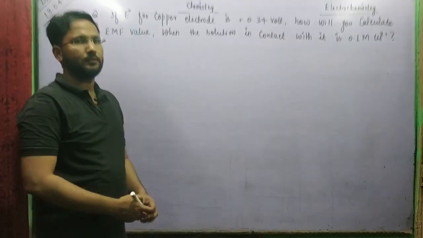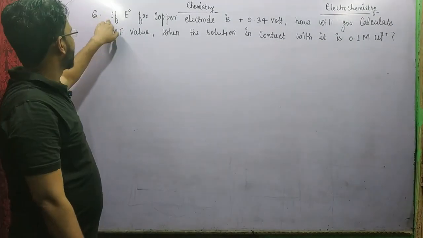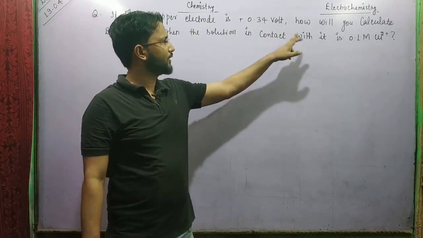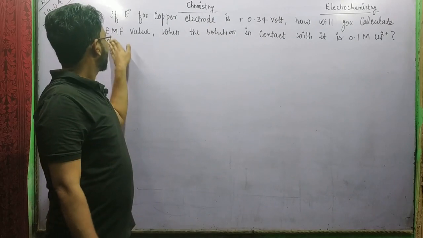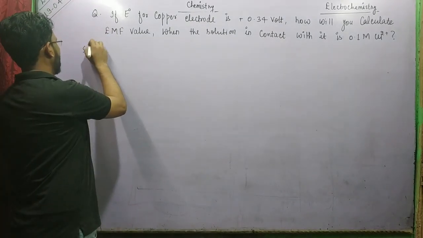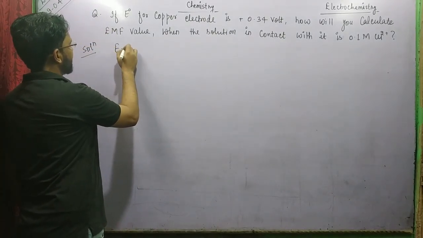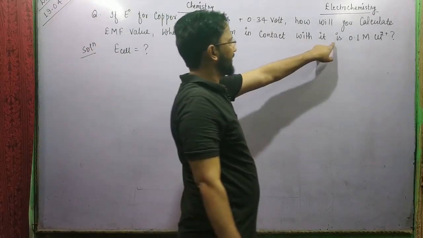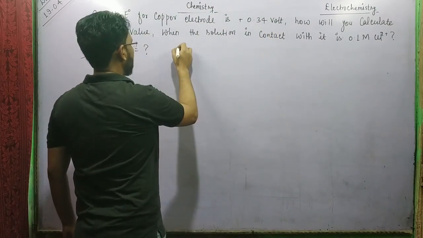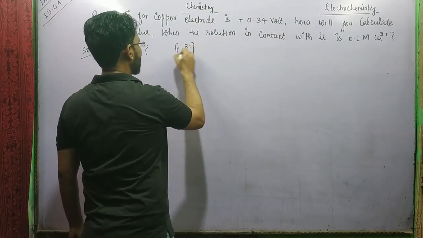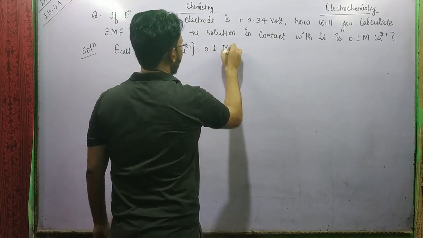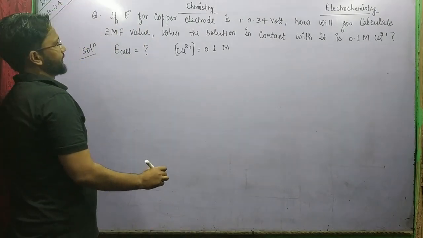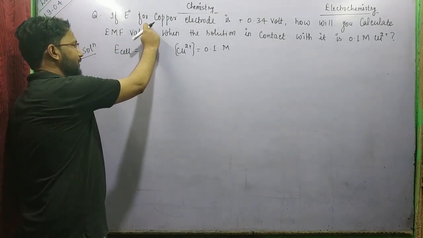Okay, see the problem: if E naught for the copper electrode is 0.34 volt, how will you calculate the EMF value? First of all, we find E cell for copper, when the solution is in contact with 0.1 M Cu2+, meaning the concentration of Cu2+ is 0.1 M. So first of all, if nothing is given, we can take a reduction potential.